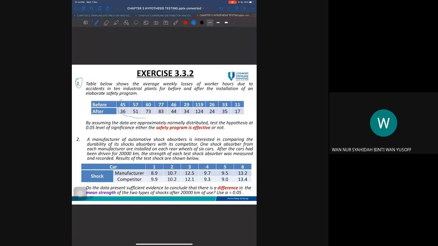What is the data? It's about weekly losses of worker hours. Is it correct if we write average weekly losses of worker hours?